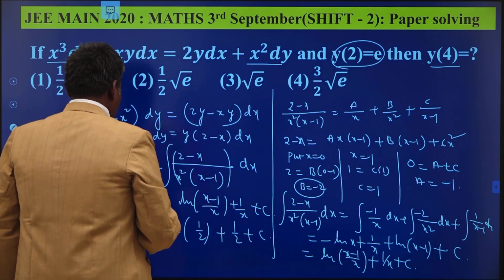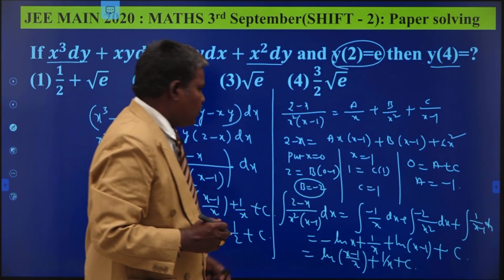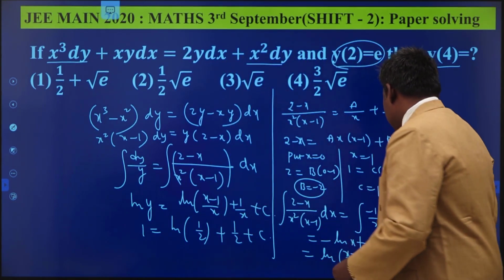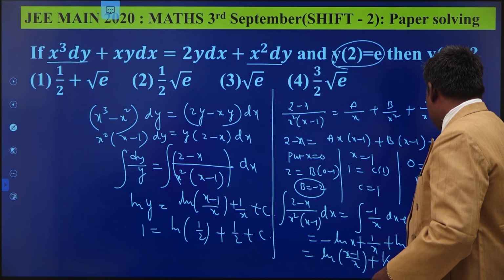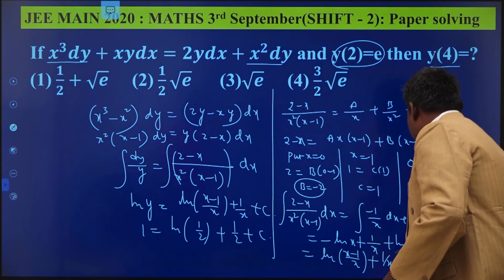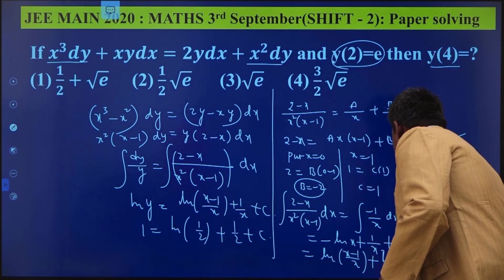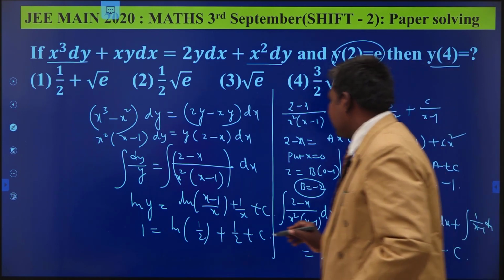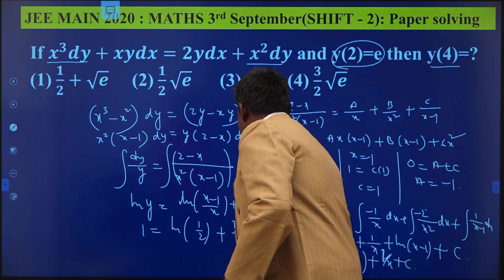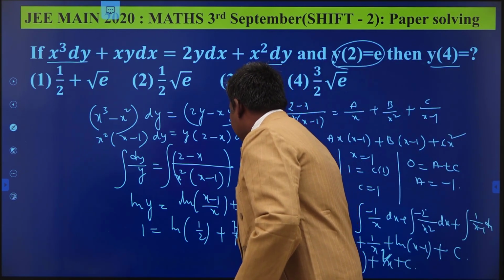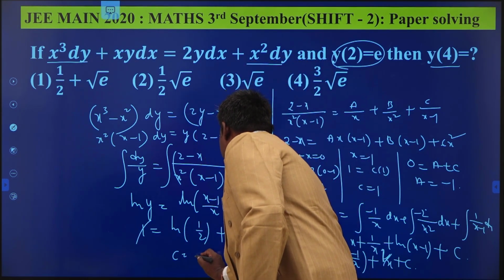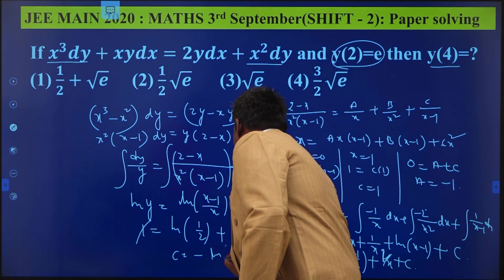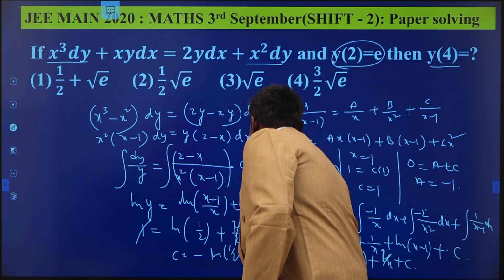So from this calculation, see here, log of (x minus 1) by x plus 2 by x, this is 2 by x, already 2 by x is there, 2 by x gets cancelled one time, this 1 gets cancelled. So what is your c value? c is equal to minus log 1 by 2, we mean log 2.